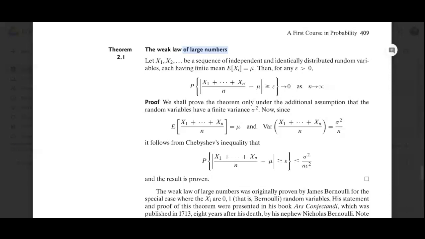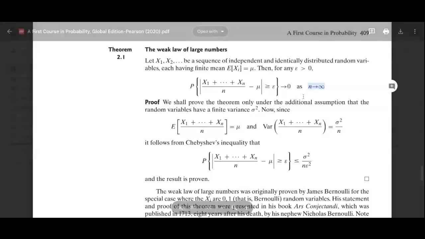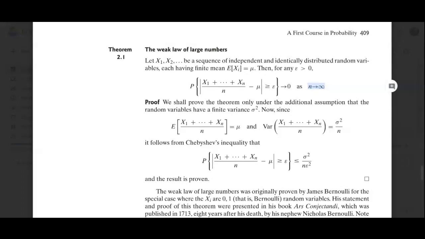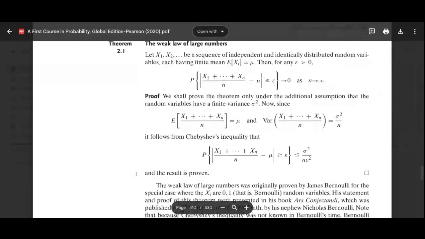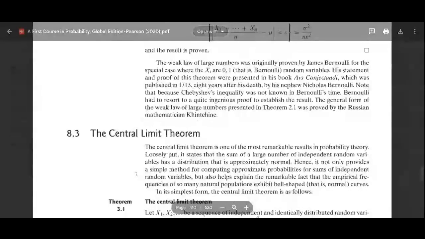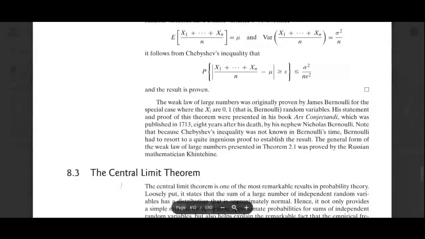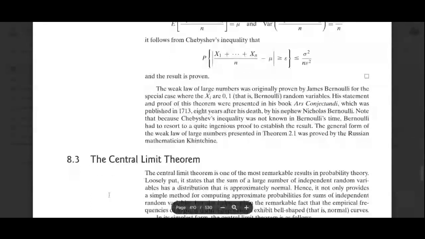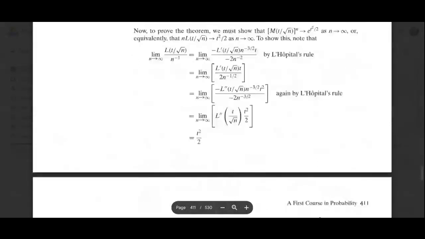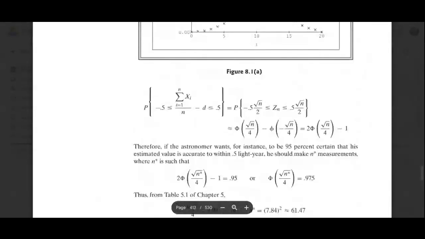It says that if you have enough trials, when n is big enough, the empirical and experimental probabilities converge to the theoretical probability. That's just one example. All right, that's for today. Next time we'll talk about the central limit theorem and maybe the strong law of large numbers.